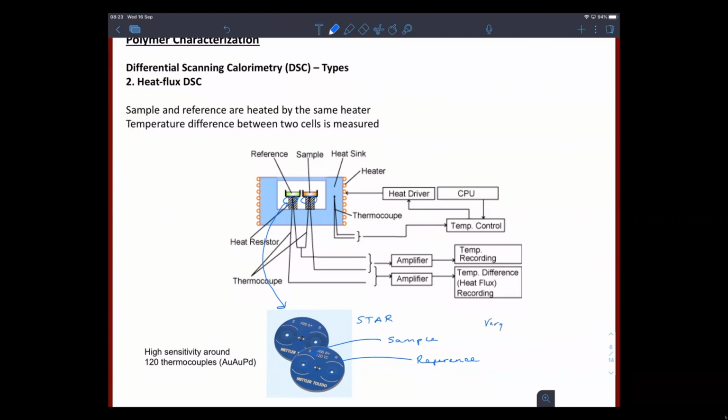So if you have very high sensitivity, it makes it capable of detecting small heat flow changes.